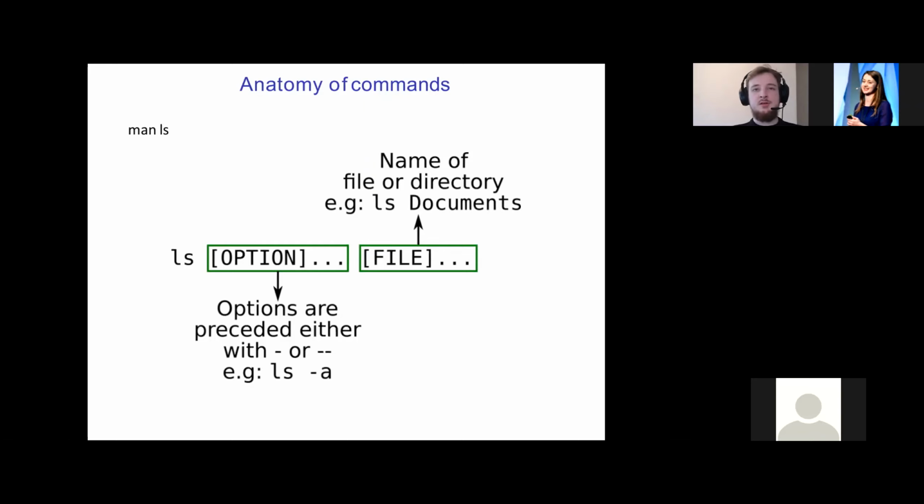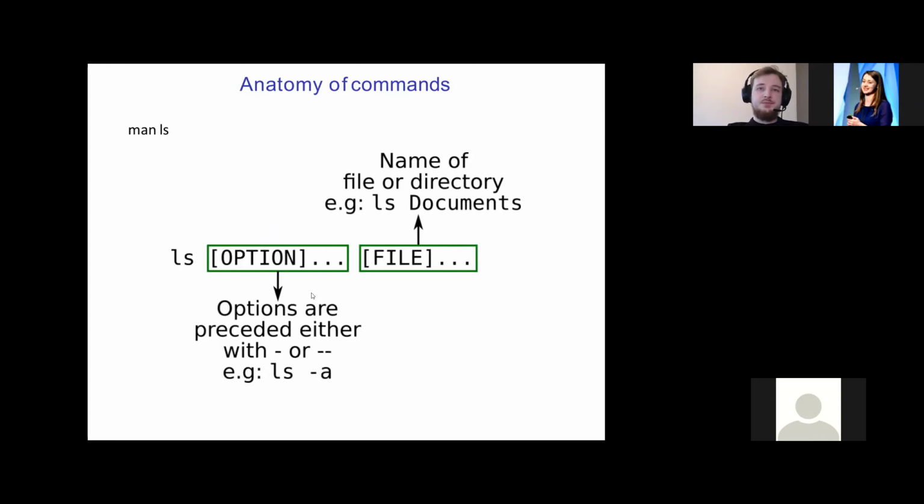We'll touch on that later also. First we type, let's say, ls, which means list. Then we type the options that we want to use with this command. Each of these commands is a program on its own, and it can have options or arguments.